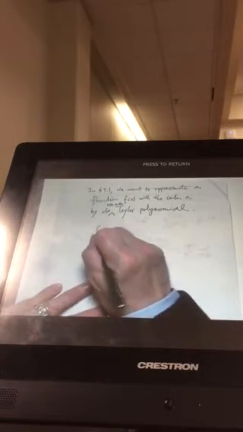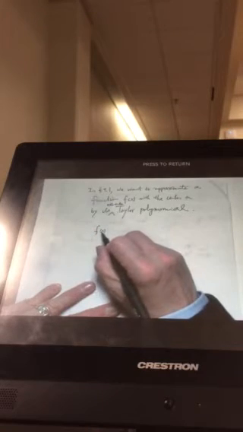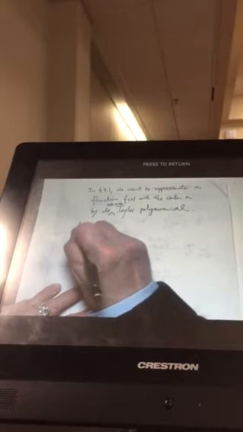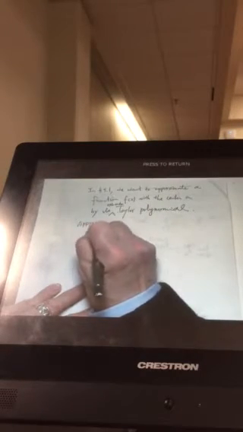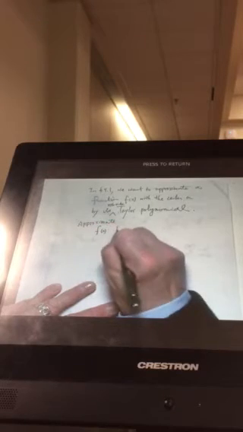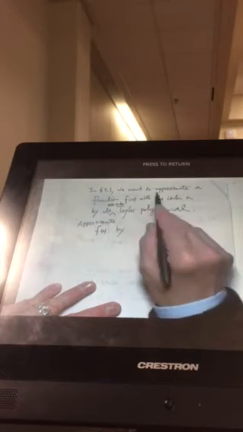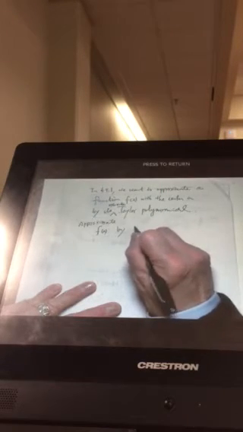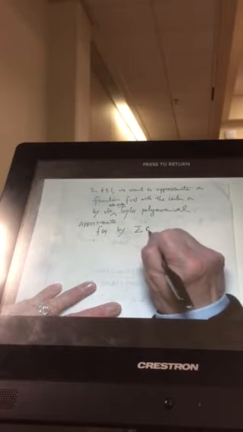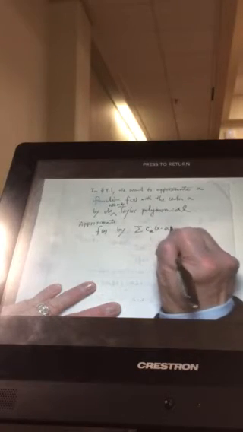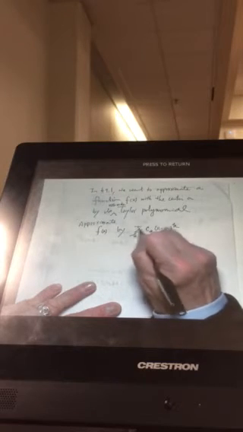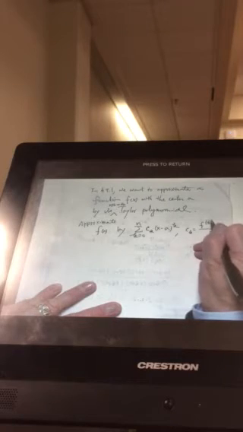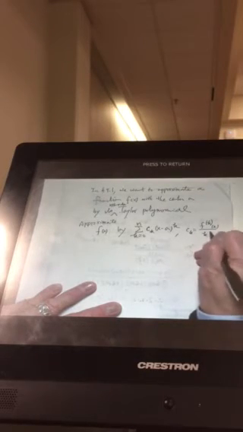So I have an f of x, and I want to approximate f of x by the nth order Taylor polynomial, the sum of ck (x minus a) to the k from 0 to n, where c sub k is f differentiated k times at a, over k factorial.